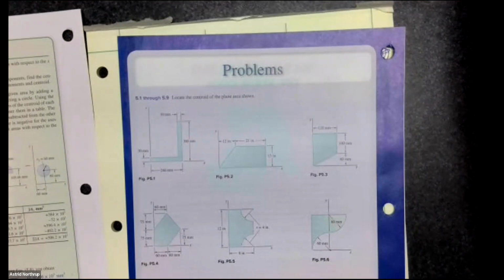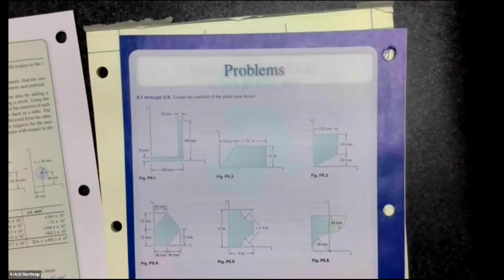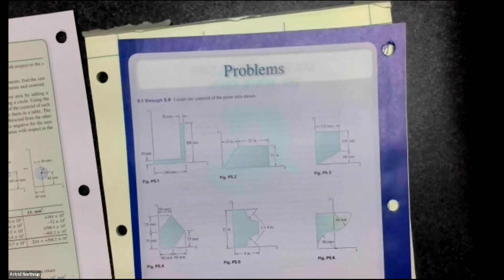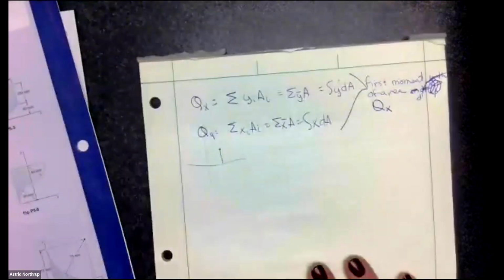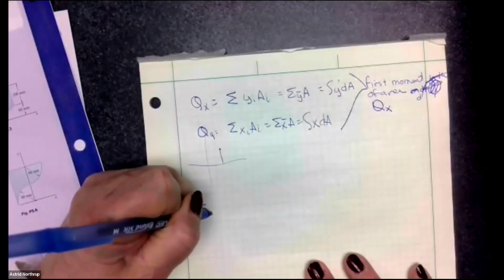Come down here to chapter 5. There we go. So yeah, 5.1, 5.6, and 5.7. I like 5.7, so I'll write this out and I'll do this problem for you.